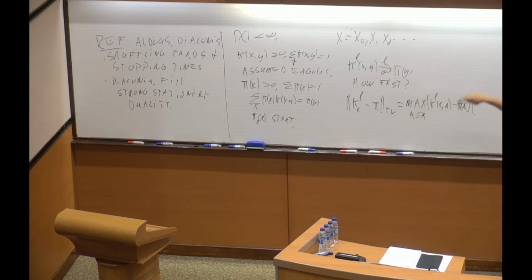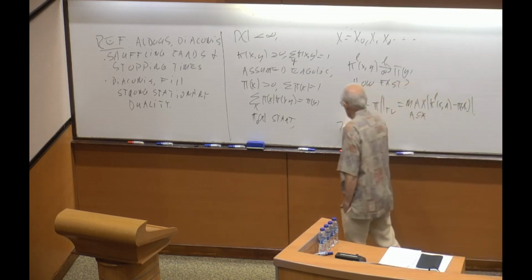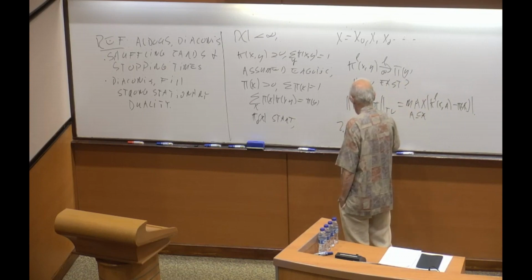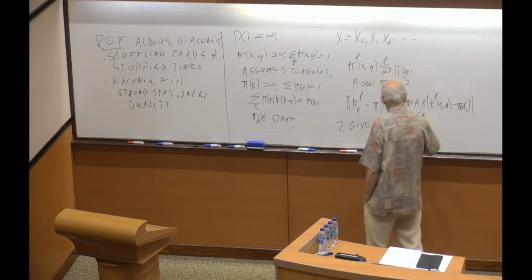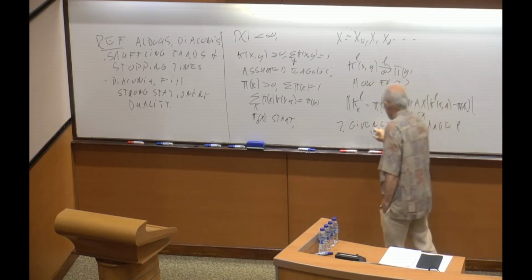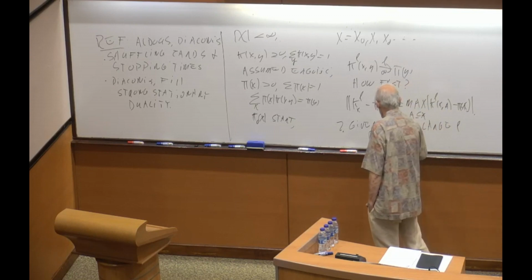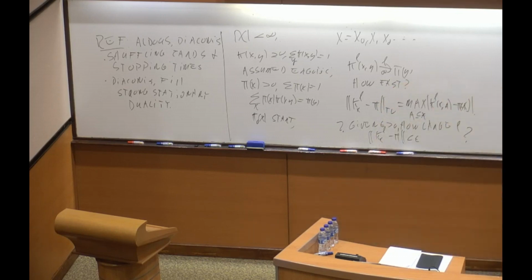As a math question, given the starting state, here I started it deterministically at x, the question is, given epsilon bigger than 0, how large L so that the distance of K started at x, after L steps, minus pi is less than epsilon. Okay, so that's a motivating question for the examples in this lecture.